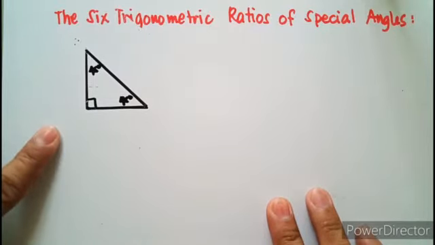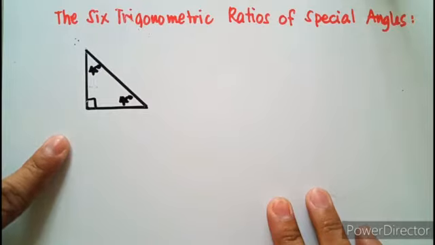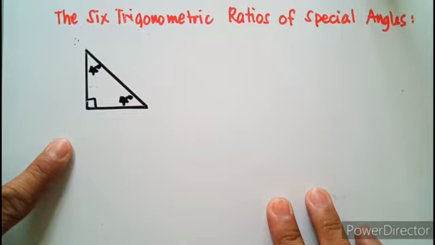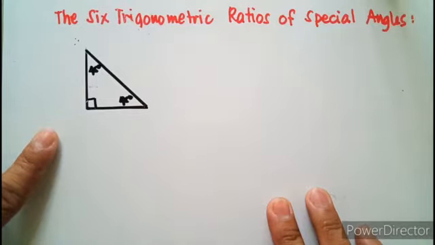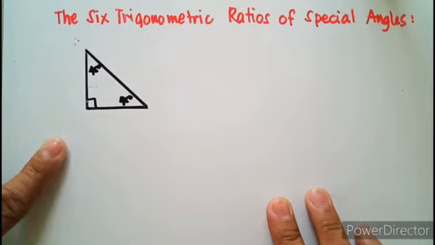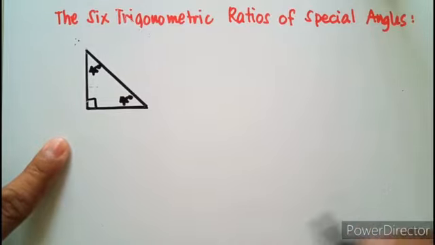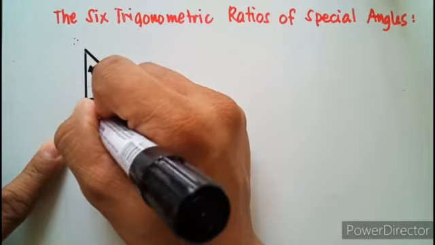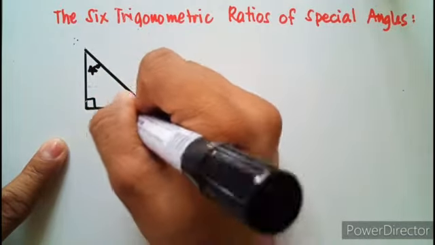So, let's first have the 45, 45, 90 triangle or the isosceles right triangle. In a universal assumption, meaning everywhere in the world, if you are using the six trigonometric ratios, we assume that our leg is equal to 1 unit.